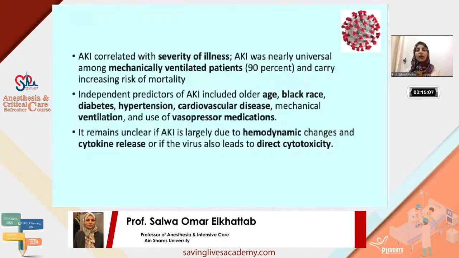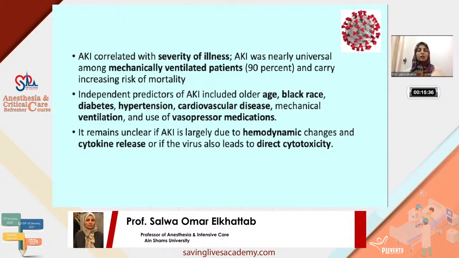So again, AKI is correlated with severity of illness, and this is the same for all patients, including COVID patients, and it is more common in a mechanically ventilated patient. Independent predictors to suffer AKI in a COVID patient are older age, having comorbidities, diabetic, hypertensive, cardiac disease, and being mechanically ventilated.